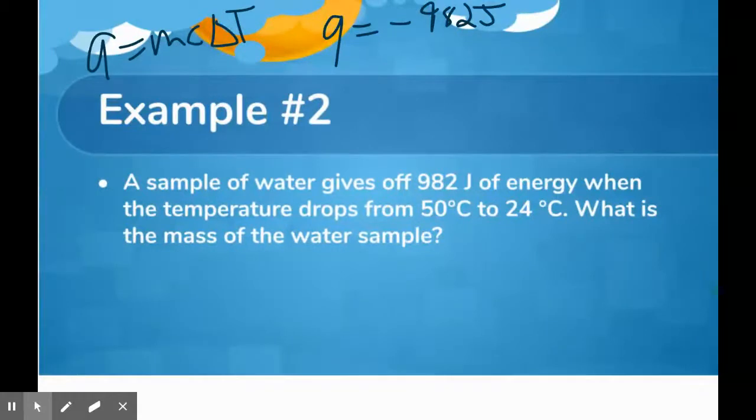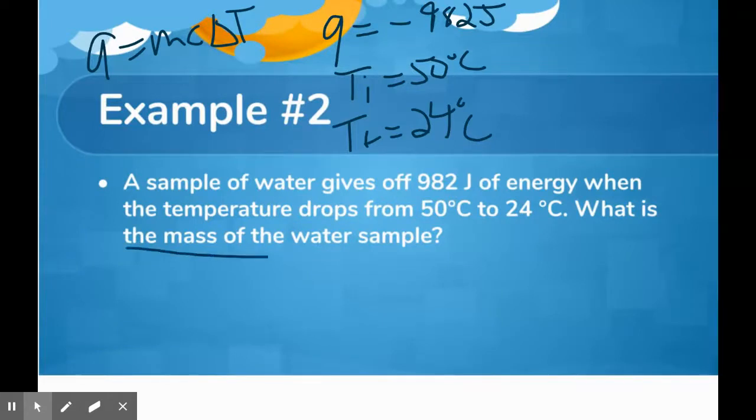And the temperature is dropping from 50 degrees Celsius to 24. So our initial temperature is 50 degrees Celsius, and our final temperature is 24 degrees Celsius. And we're looking for mass. We're talking about water, so our specific heat capacity, again, is 4.184.